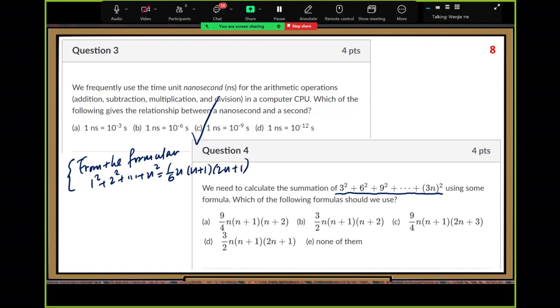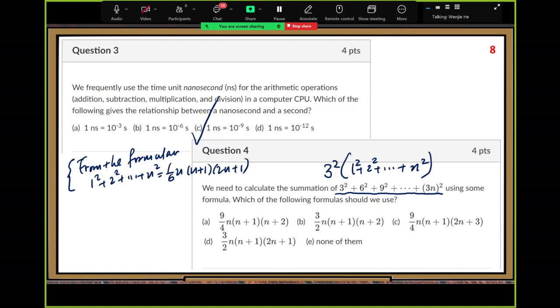And this one, we can factor 3 square out. So you need to see this property. In class, we factored 2 square out, right? So here, we factor 3 square out.